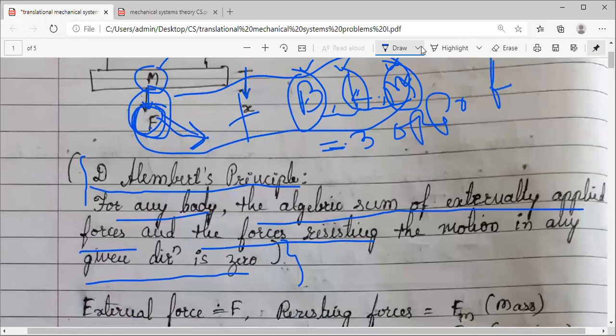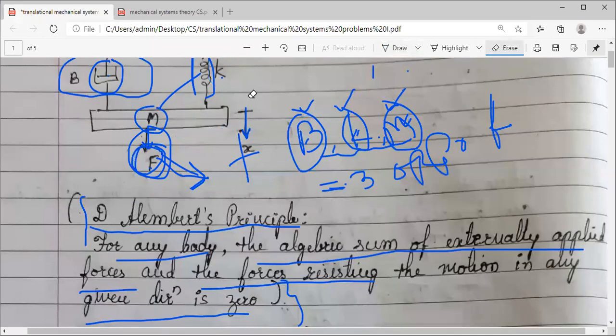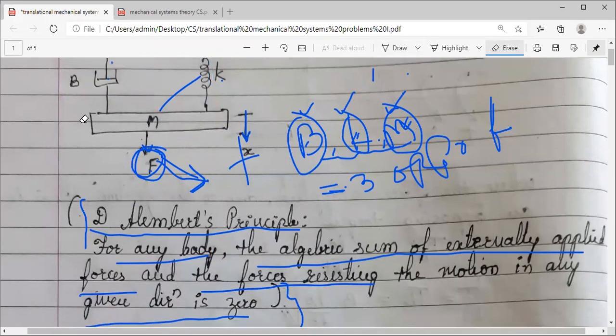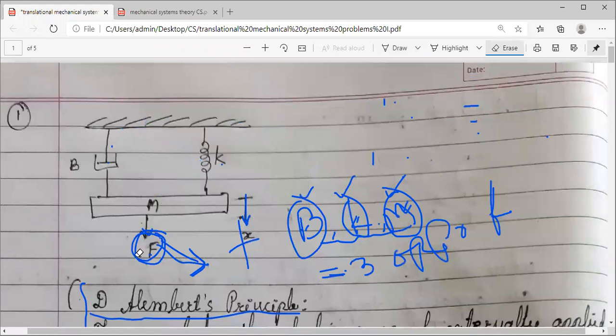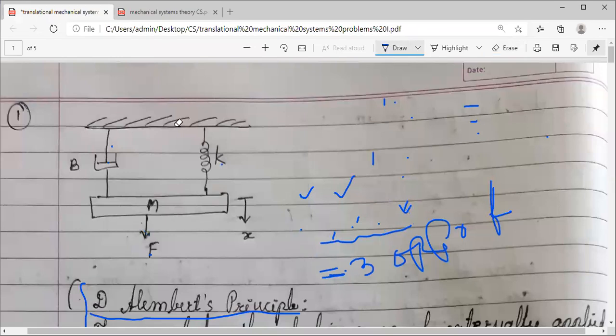Coming to this problem, this is your given physical system. You can see how many elements are there here. One end of these two elements is fixed. The damper element has one end fixed and the other end free. The spring also has one end fixed and the other end free.